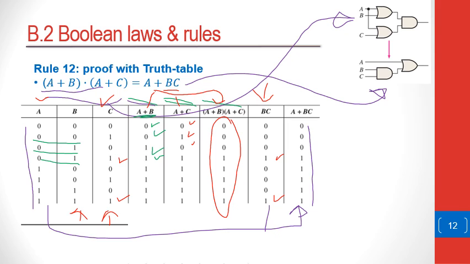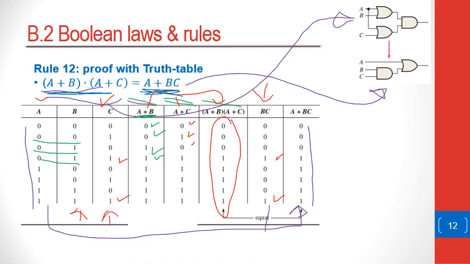But remember now, what we need to do is to compare if the left-hand side is the same as the right-hand side. So if you look at the left-hand side, this one, and then that becomes the right-hand side.